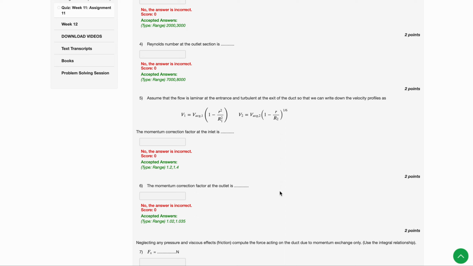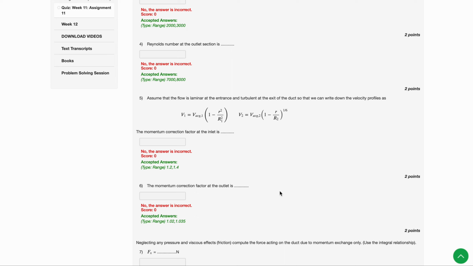Yeah, so let us consider that c is nearly equal to 1.26, something like that.